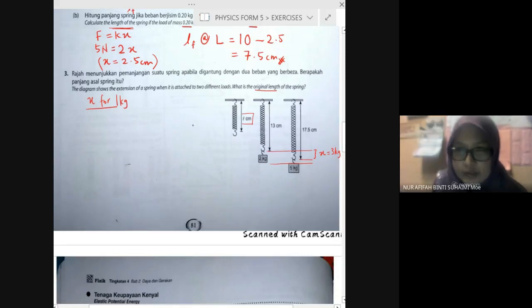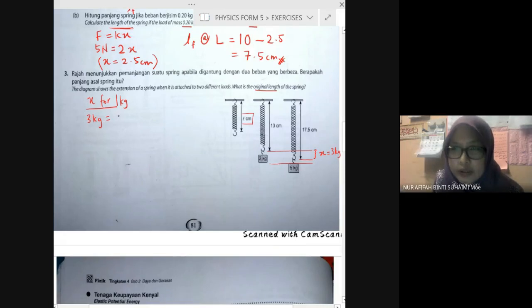Okay. So the comparison for 3 kilogram. Berapa dia punya extension? 17.5 minus 13.